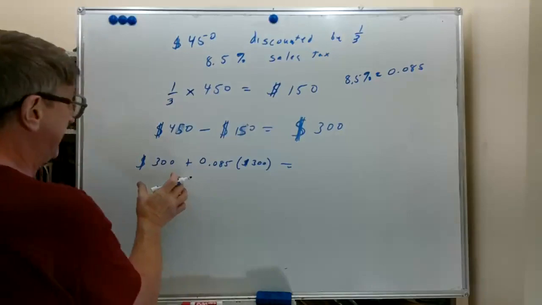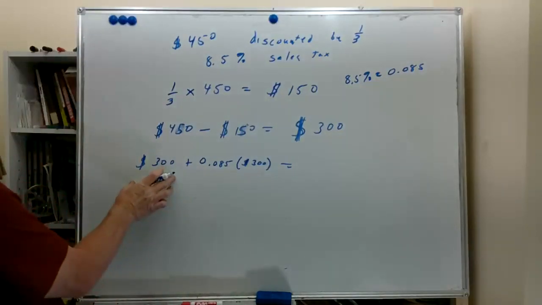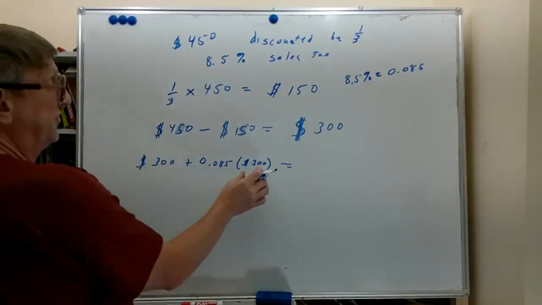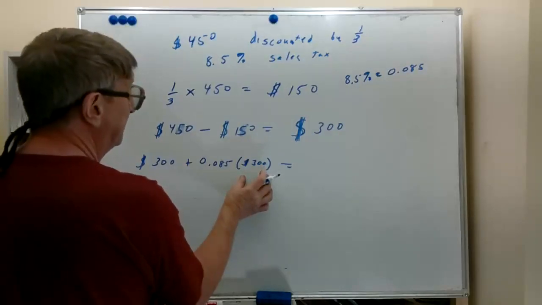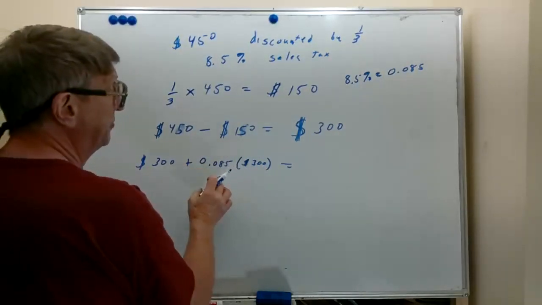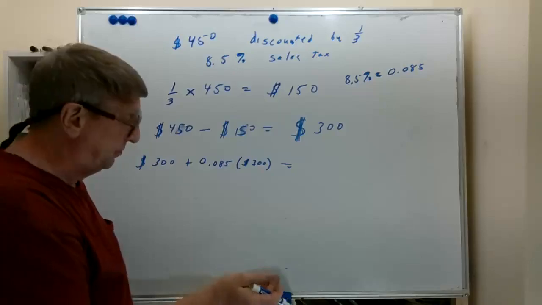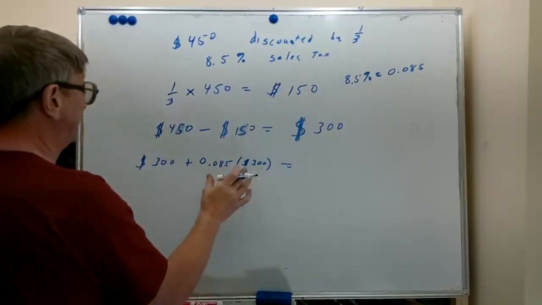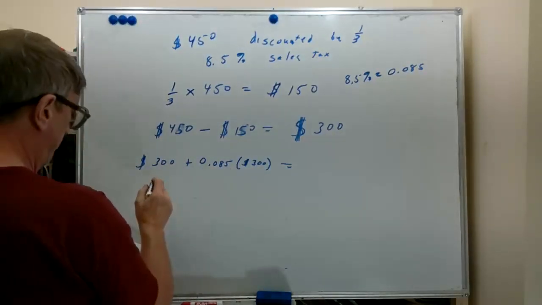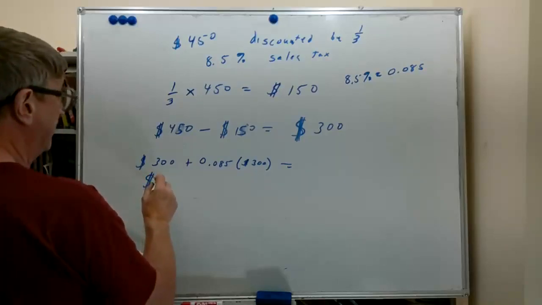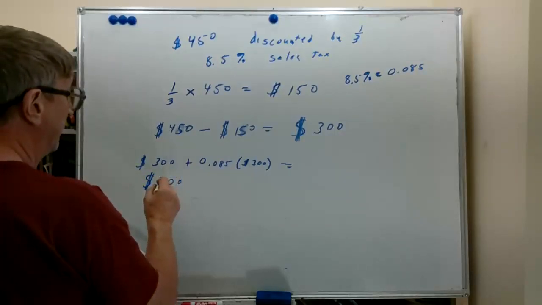So here, this is our price after we subtracted the discount. We multiply that times the 0.085, which is the sales tax percent. We'll come up with how much the sales tax is. So, $300 price, we've already calculated.